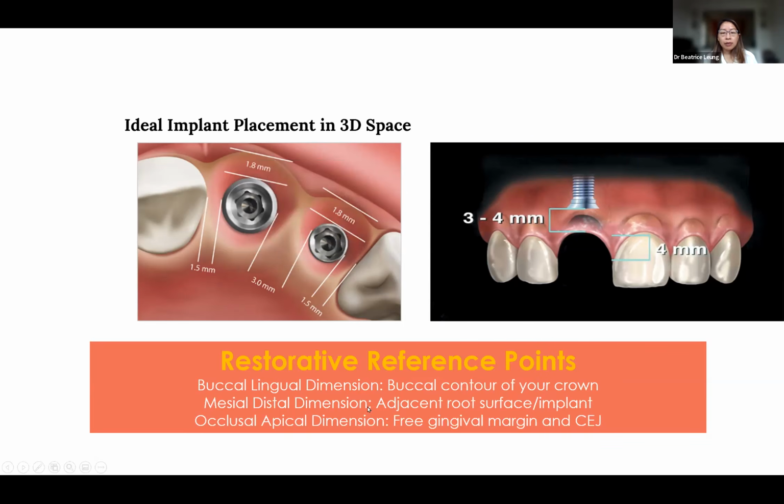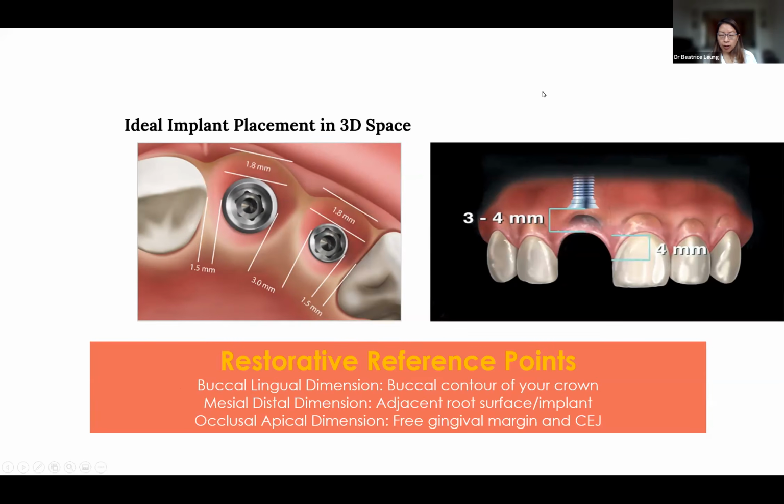Mesiodistally, you look at the adjacent root. You want to leave at least 1.5 to 2 millimeters of space between the adjacent root surface and the outer surface of the implant. This is to preserve the dental papilla so that you have enough bone to support the soft tissue here.